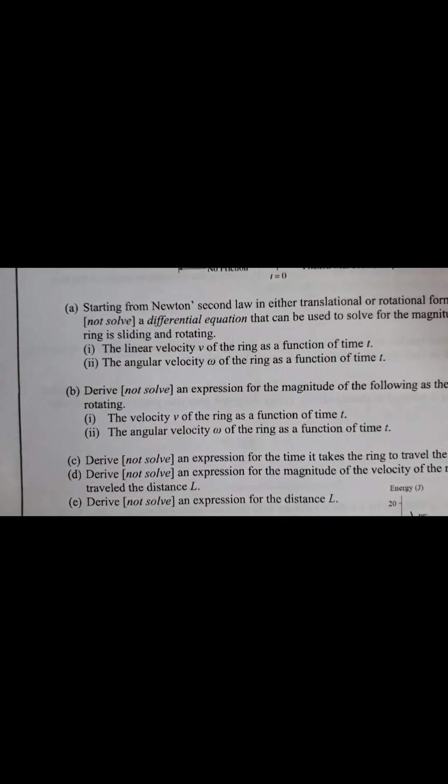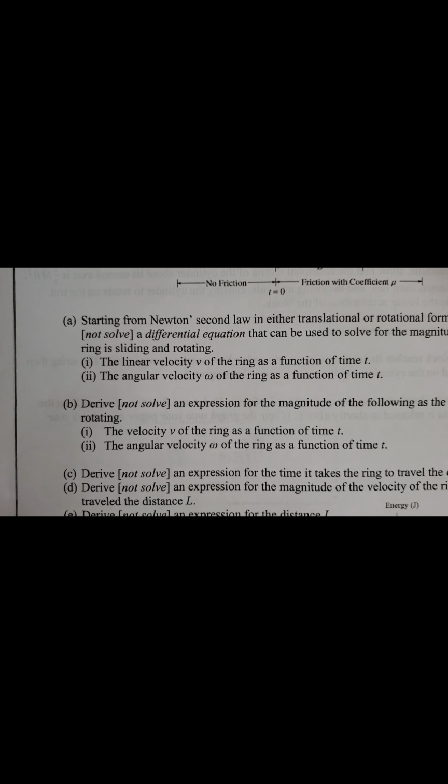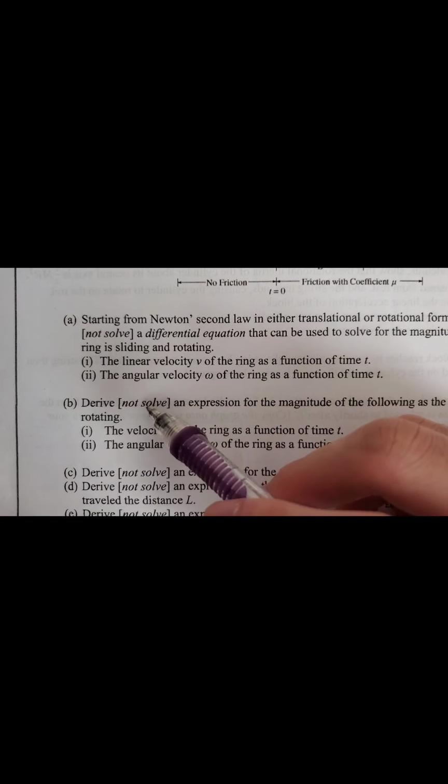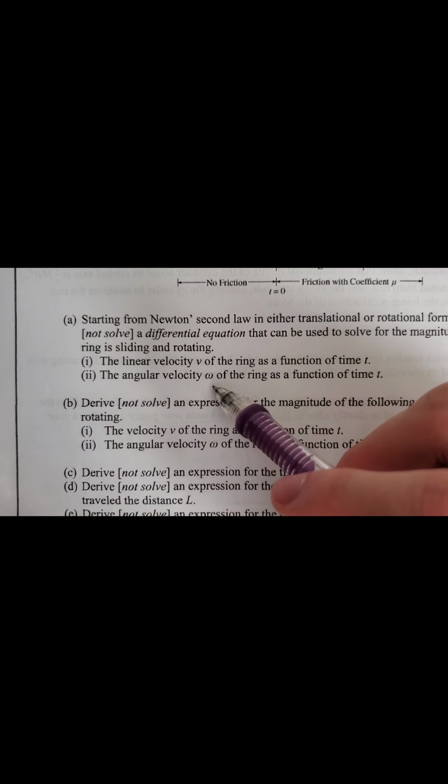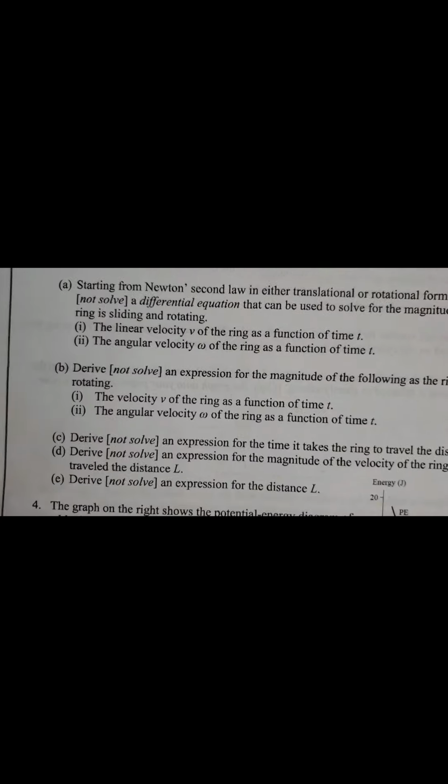All right. The second part of part A wants us to write a differential equation that can be used to solve for the magnitude of the angular velocity of the ring as a function of time. In this case, I'm going to use Newton's second law in rotational form, and that's going to be using torque.